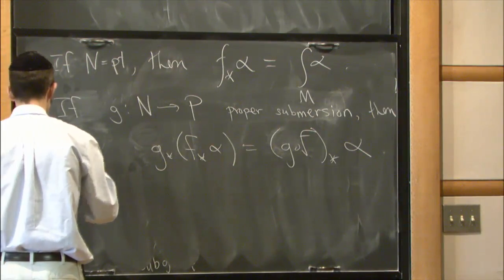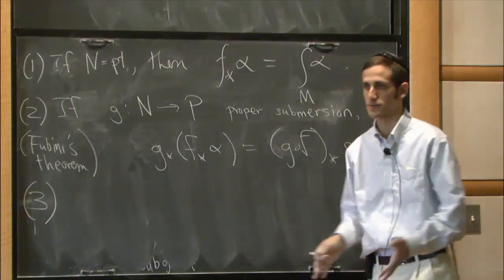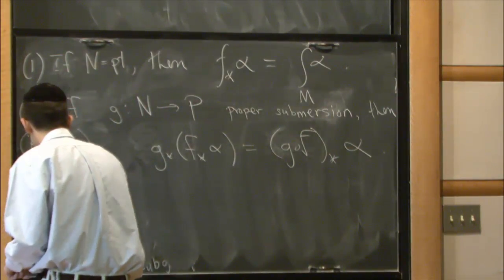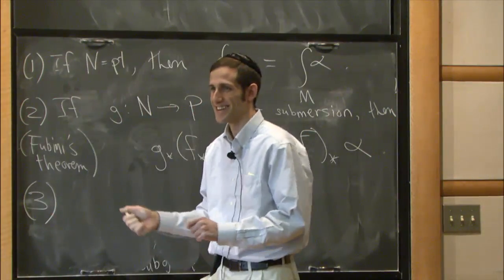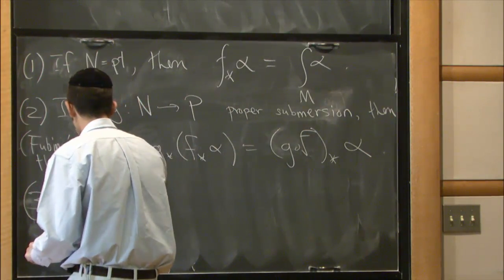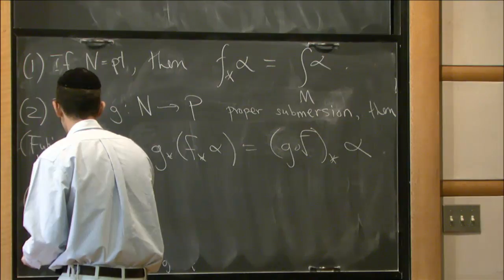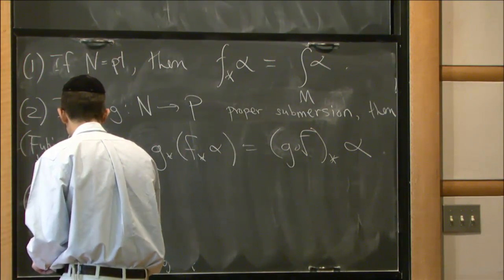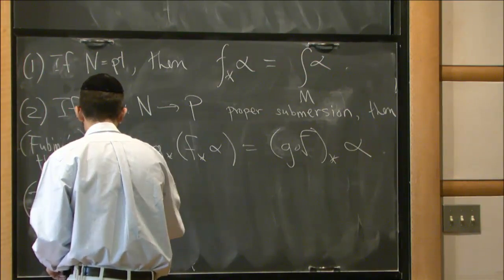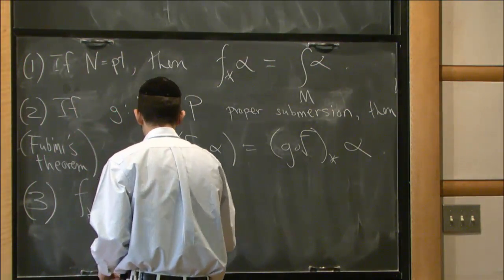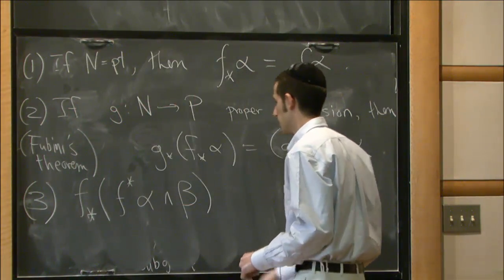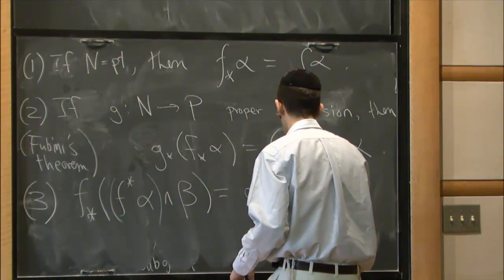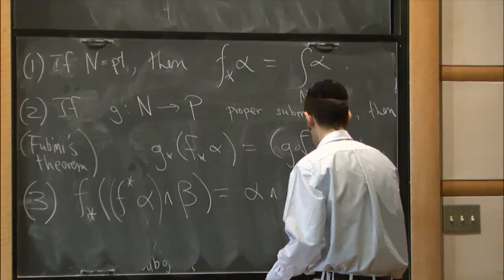The proofs of all these things are completely elementary, absolutely seriously. And third, now we have f lower star of f upper star of alpha wedge beta is equal to alpha wedge f lower star beta.